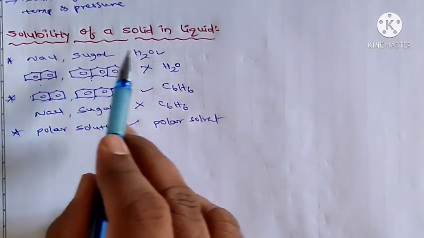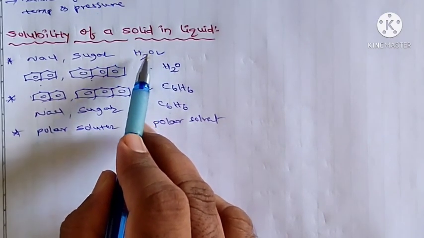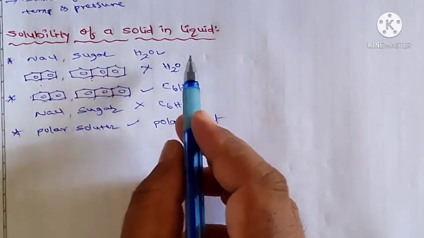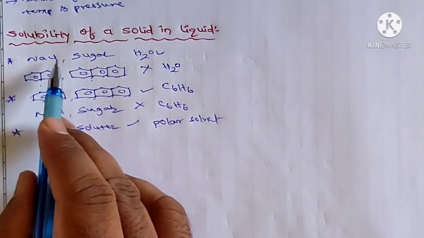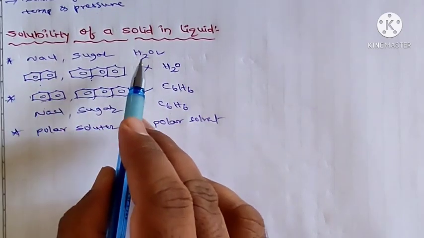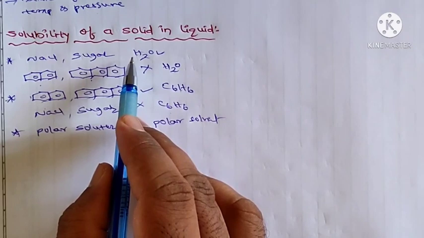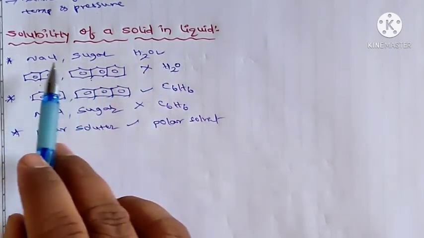Polar solutes dissolve in polar solvents. H2O is a polar solvent. We know that Na+ and Cl- are polar, and in water, hydrogen gets a partial positive charge and oxygen gets a partial negative charge.